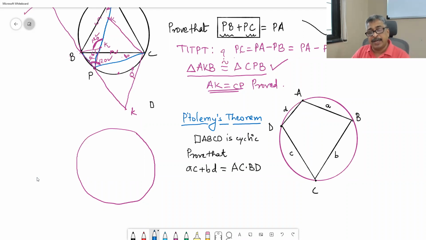The wording is deliberately done in this way so that you remember it. The RHS is the product of the diagonals and the LHS is the sum of products of opposite sides added together. Start.